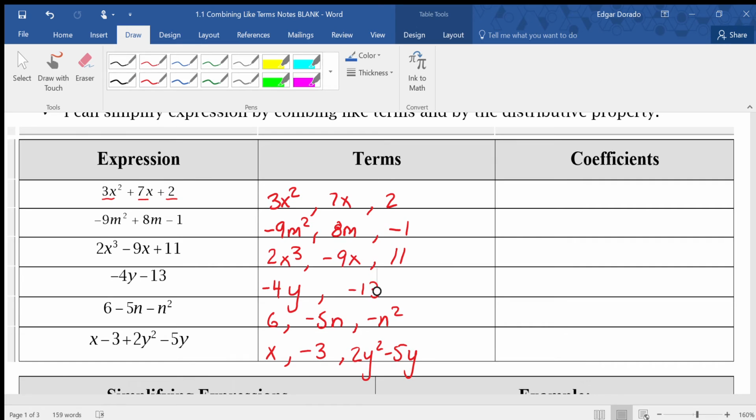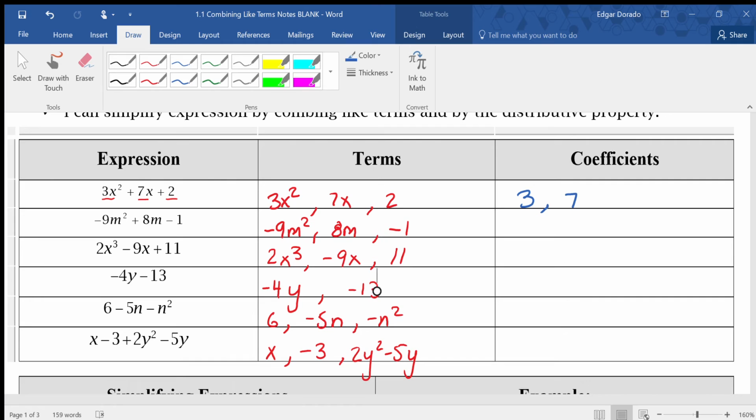So in this case, for our first expression, we have the term 3x squared. So our coefficient here is 3. We also have a coefficient here of 7 for our next term. And if you notice, there is no x next to the 2, so we don't have a third coefficient.